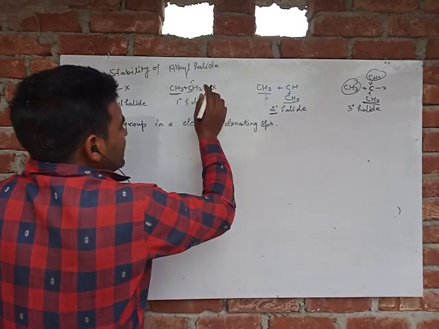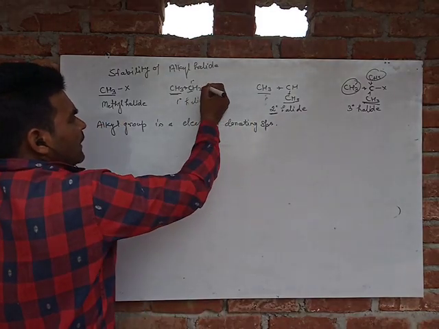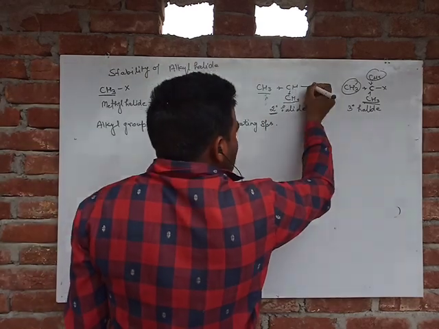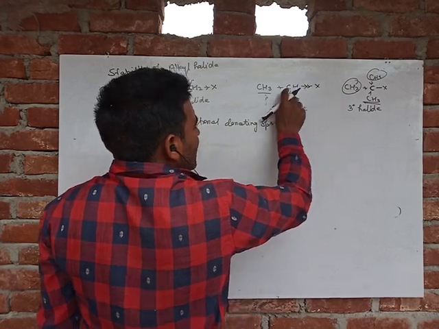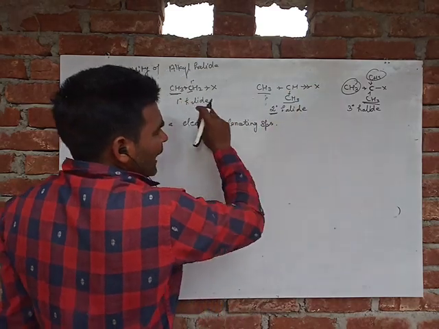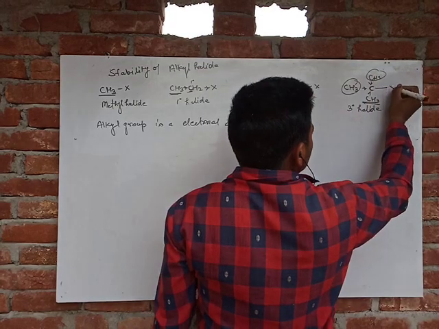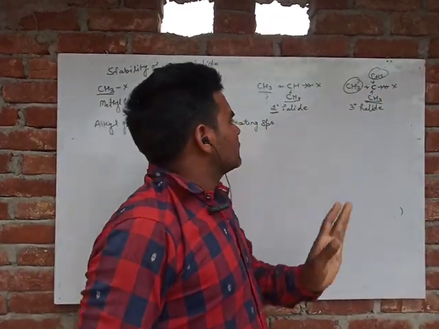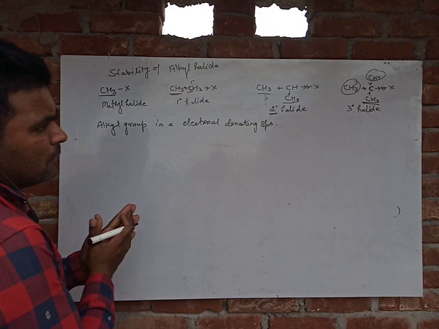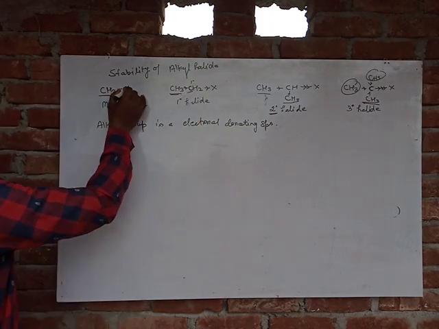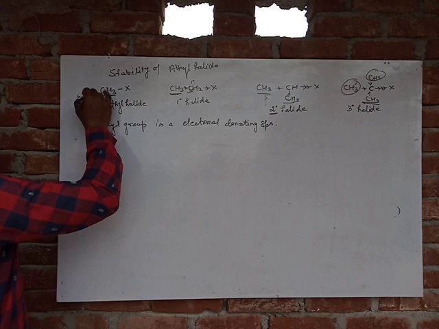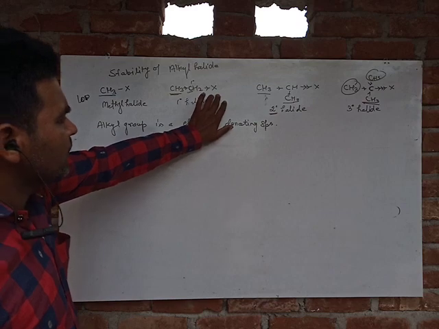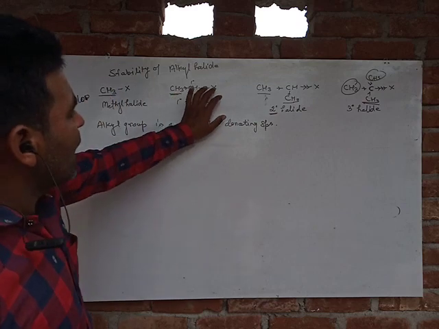So here the repulsion between carbon and halogen is very low, here the repulsion is stronger than primary, and in tertiary halide the repulsion between halogen and carbon is the strongest. So the higher the repulsion between carbon and halogen atom, the weaker the bond of carbon and halogen.